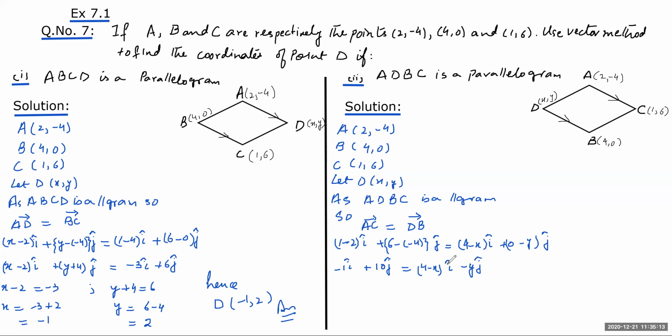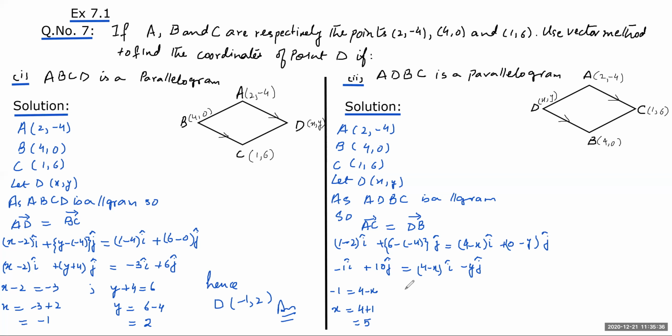Compare the coefficient of unit vector I and the coefficient of unit vector j. As a result, you will get -1 is equal to 4 minus x. Bring this minus x towards this side and -1 toward this side. As a result, you get x is equal to 4 plus 1, which is equal to 5.